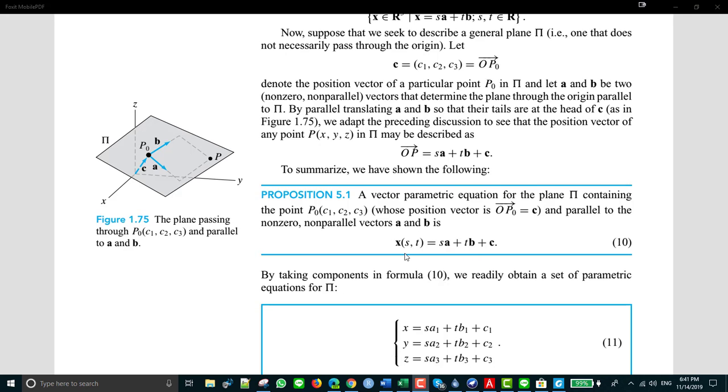And we see that this depends on two parameters, S and T, or we could say two free variables, S and T, but we'll call them two parameters.